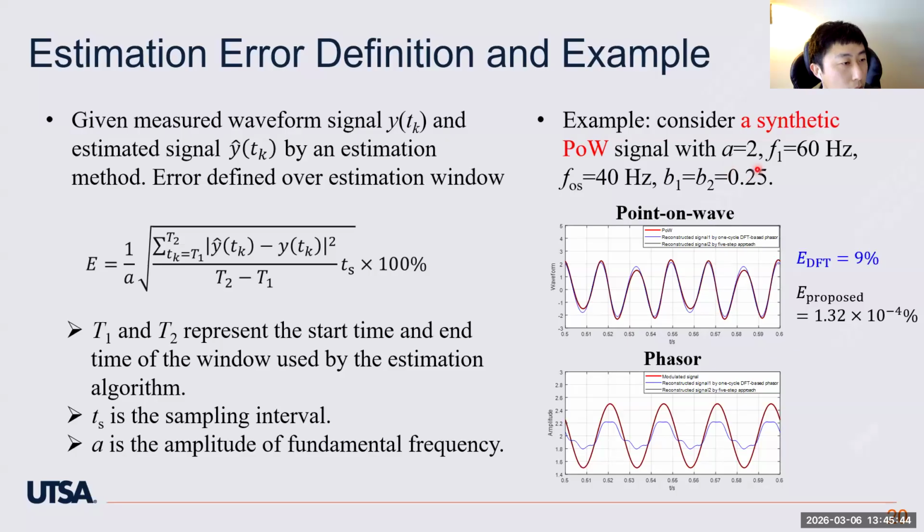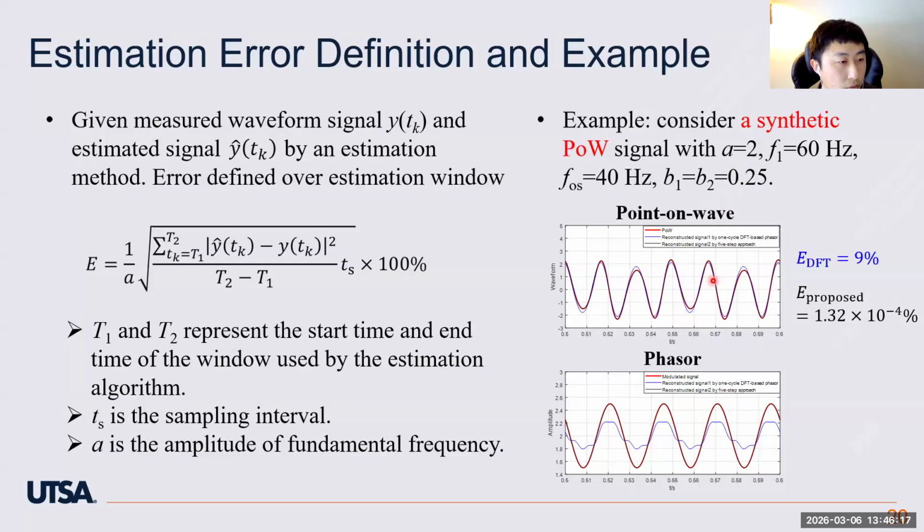Here's an example. Consider a 40 Hertz oscillation with equal amplitude in the sub and super frequency components, because in this case the waveform signal is phasor representable. In that case, we can draw the phasor curve. Otherwise, there's no way to define a phasor, at least currently. So we test on this signal.